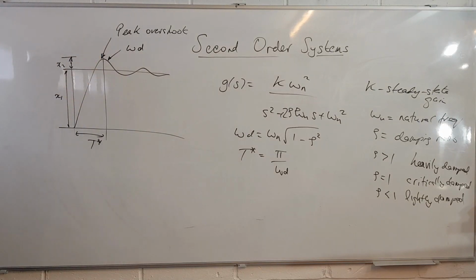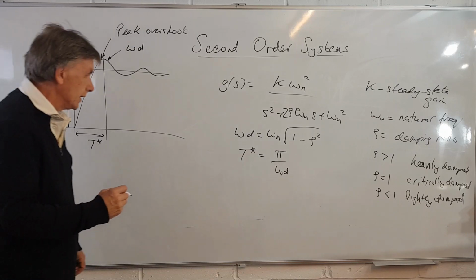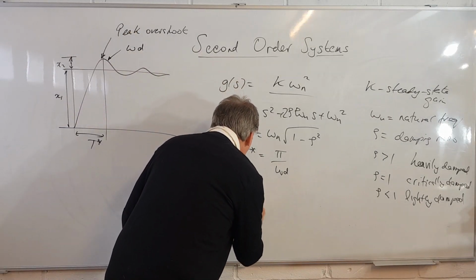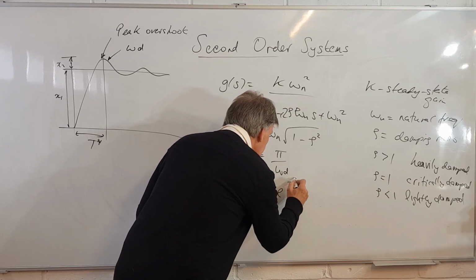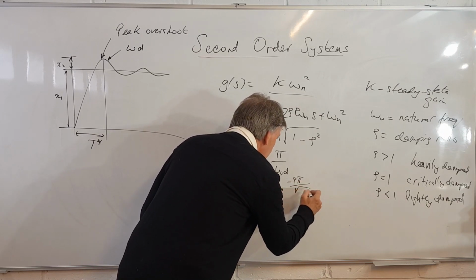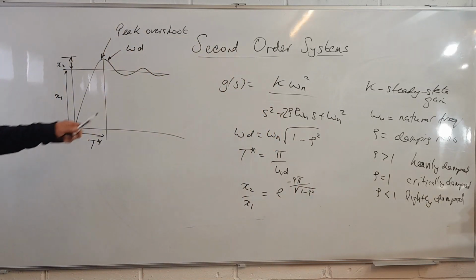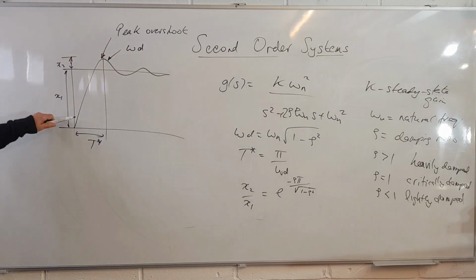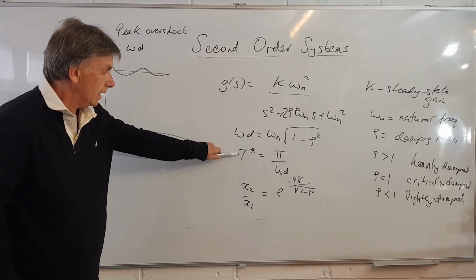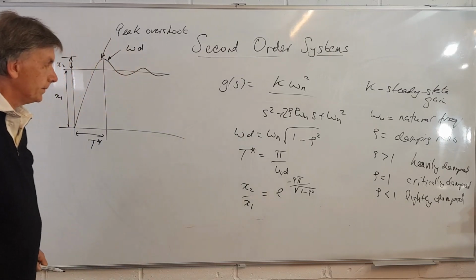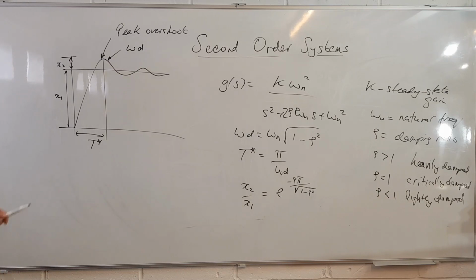We can get that from the logarithmic decrement equation, which says that x2 over x1 is e to the minus zeta pi divided by the square root of 1 minus zeta squared. So here we have three key equations defining what's going on in this system, and we'll use these to do some analysis to work out omega d, t star, and maximum overshoot, and those will be done in the coming up examples.